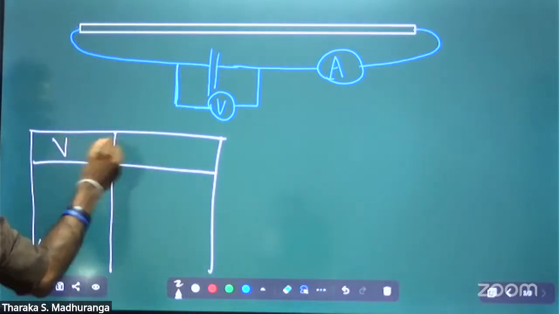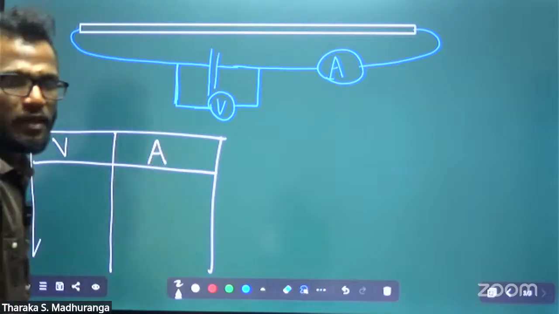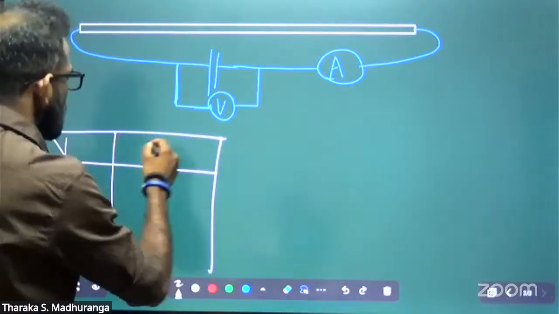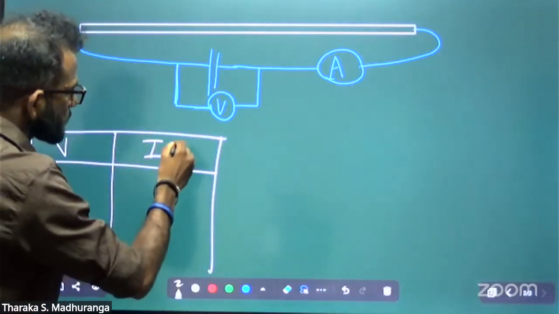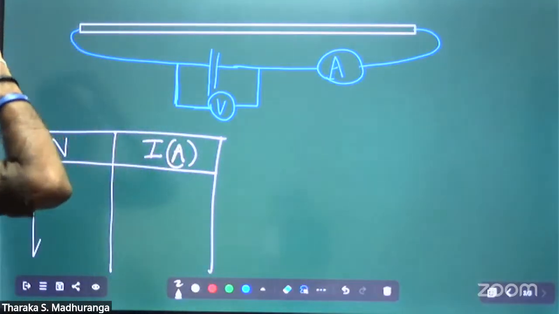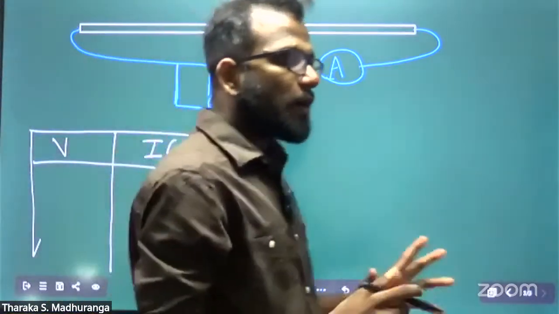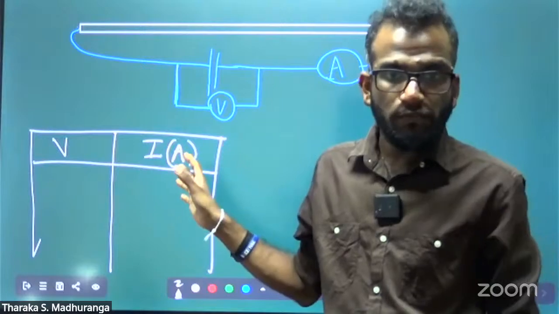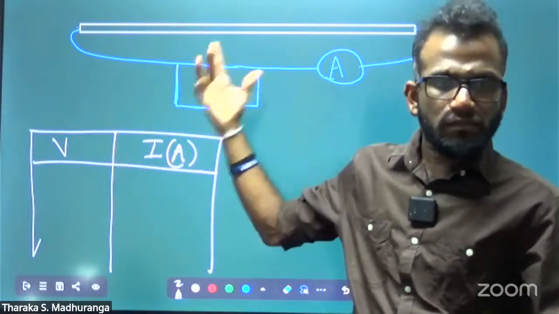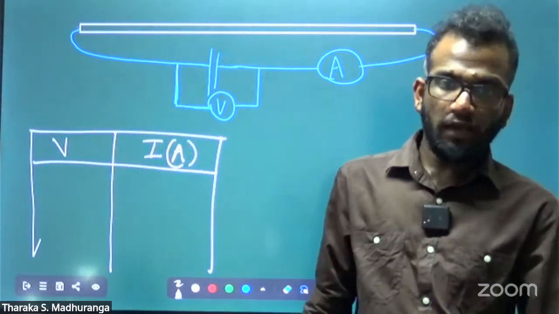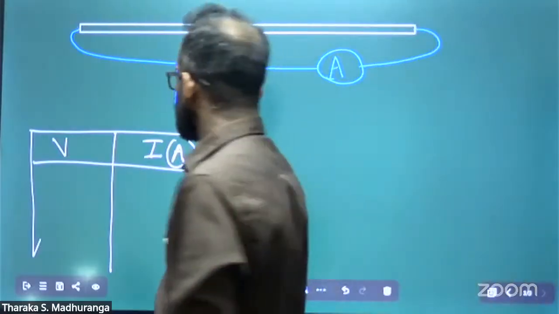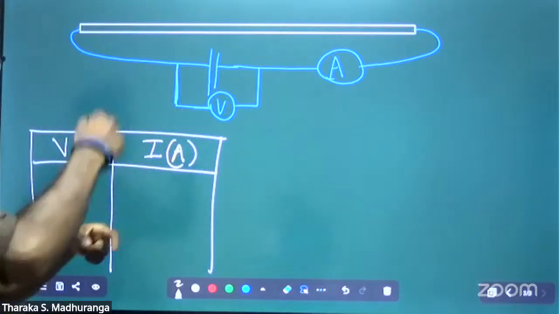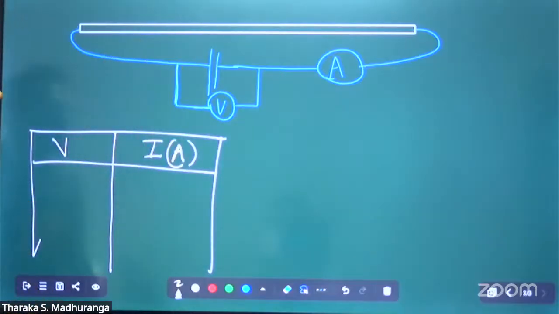This is the voltage and this is the current, with ampere as the unit. Now I'm going to change the voltage and measure the ampere value, the current.